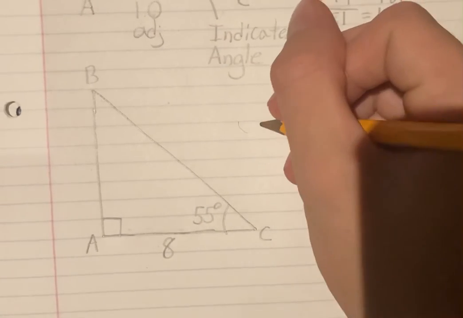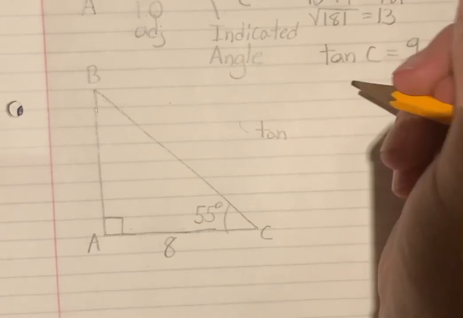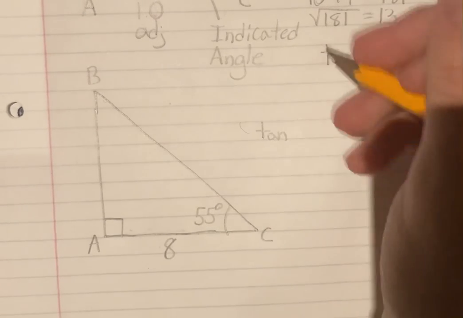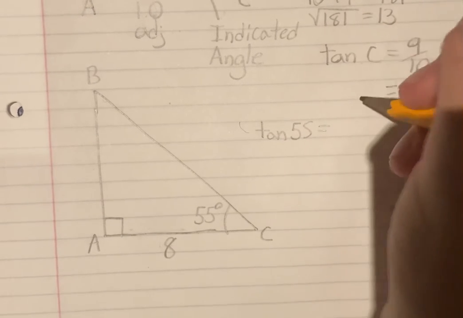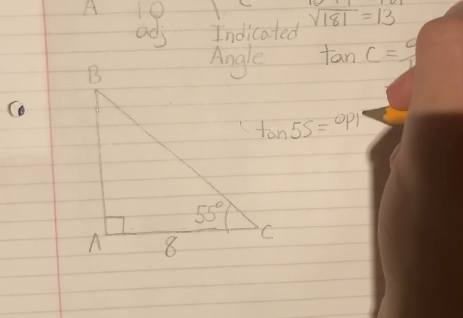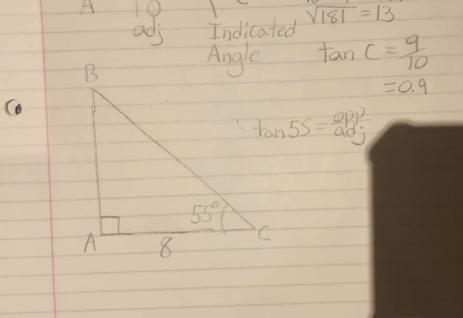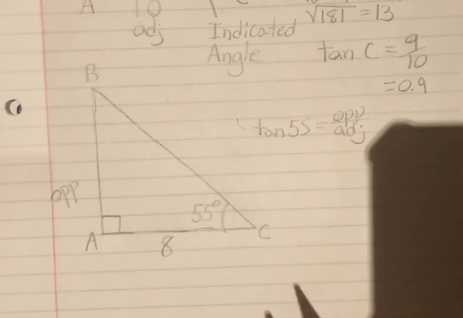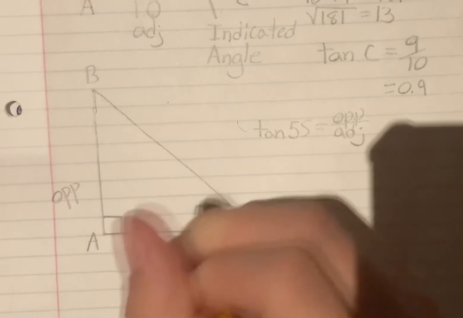Instead of using theta like we did up there, we have the angle. So tangent 55 degrees equals opposite over adjacent. This is the opposite over here, because it is across the angle, and this is the adjacent.